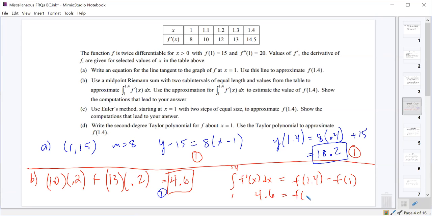We're looking for f of 1.4, and f of 1 was 15. So it looks like it should be about 19.6. And that second part of part B was 1 point if you set this up correctly, and 1 point if you got the right answer. The 3 total points for part B. Any questions there on part B?